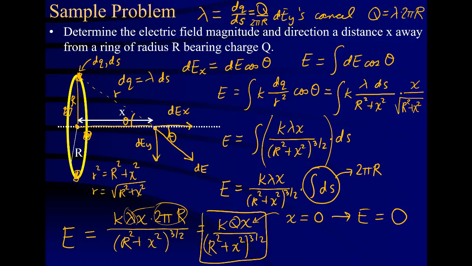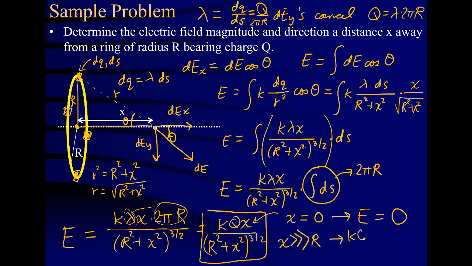Now the other thing we want to check is what happens when x is much, much larger. That doesn't even exist in math, but much, much larger than R. Well, in this case, you can pretty much ignore the big R squared down here in the denominator, and it's just basically x squared to the 3/2. But that's just x cubed.